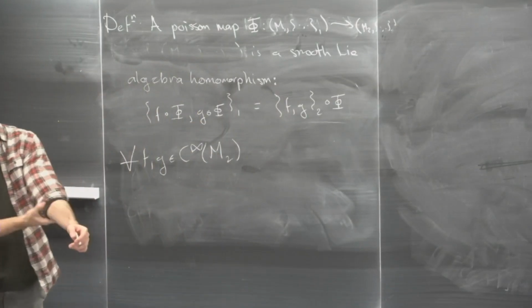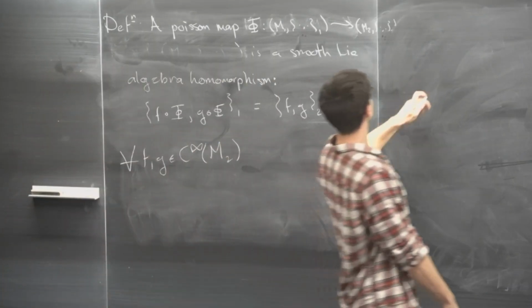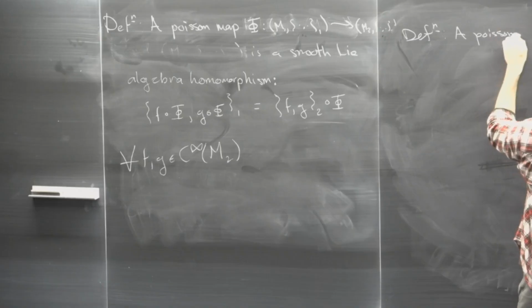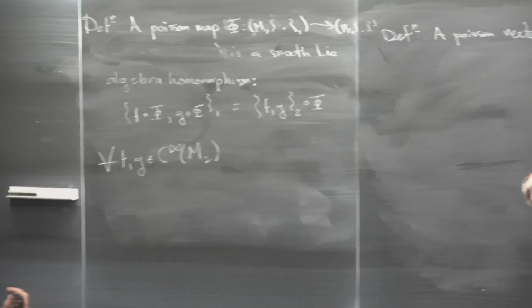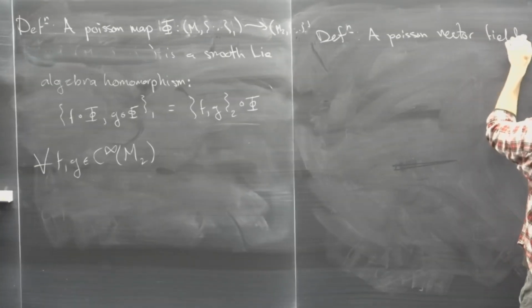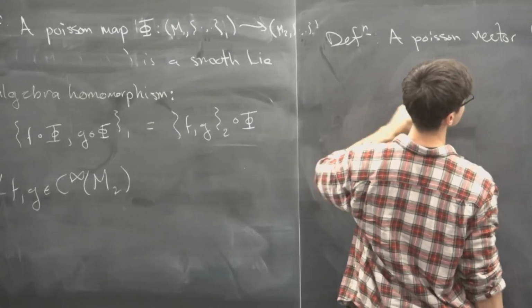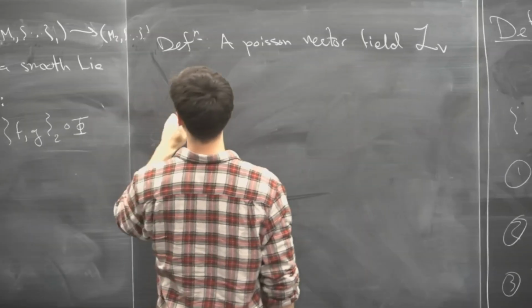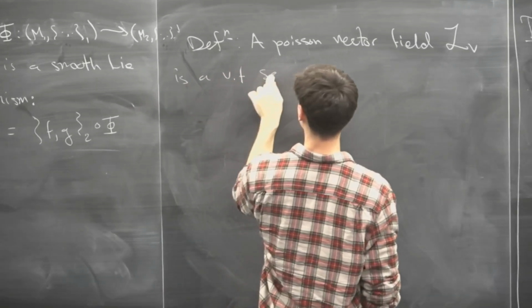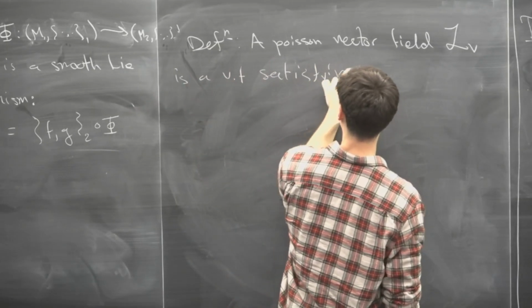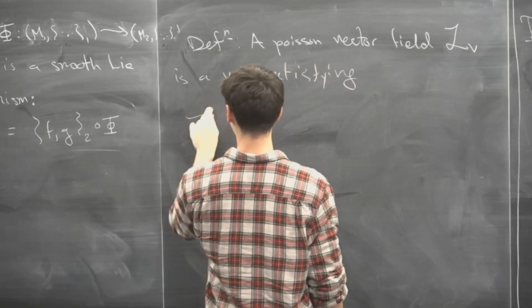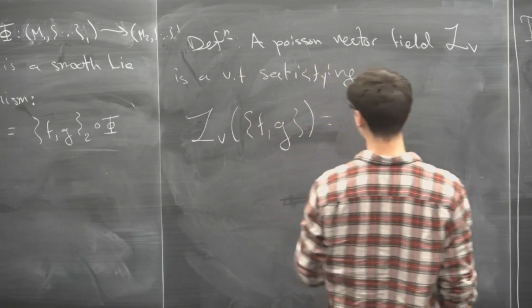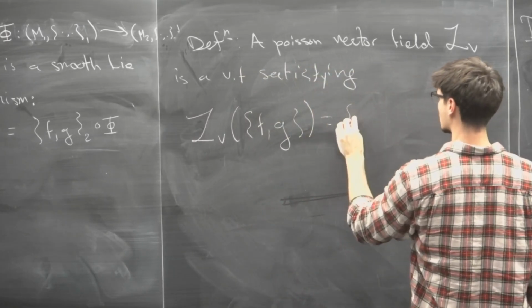A Poisson vector field kind of has this product rule structure on it.